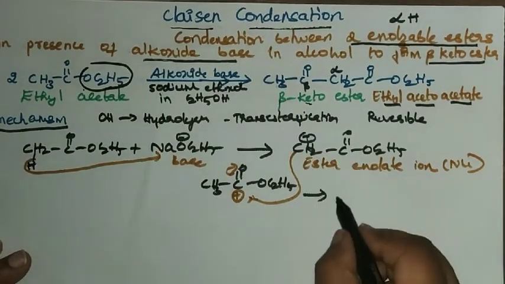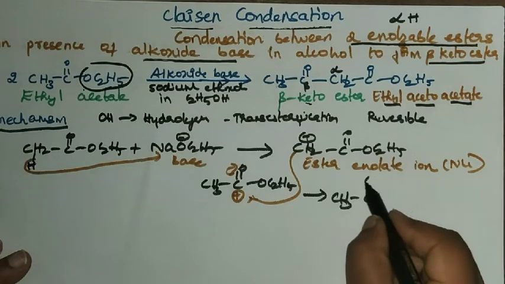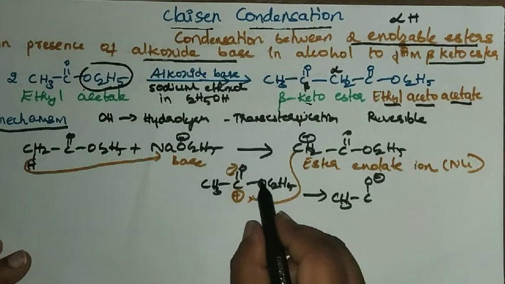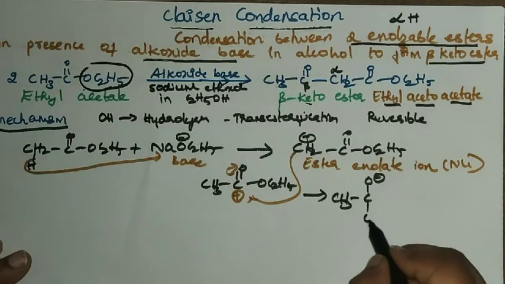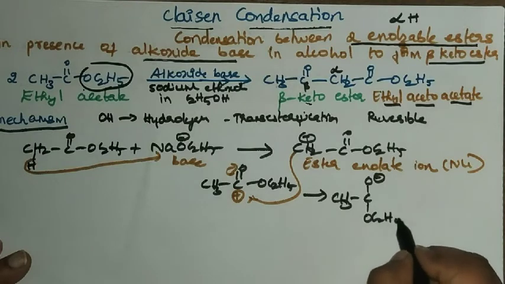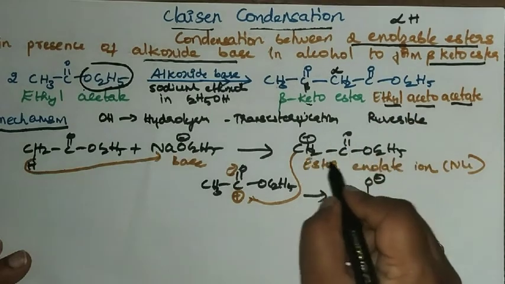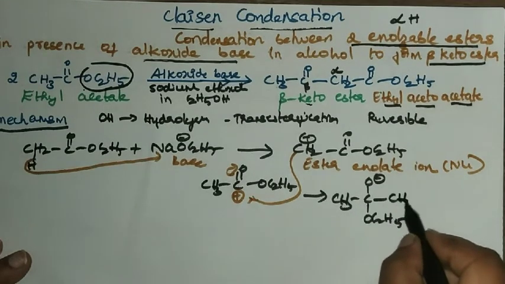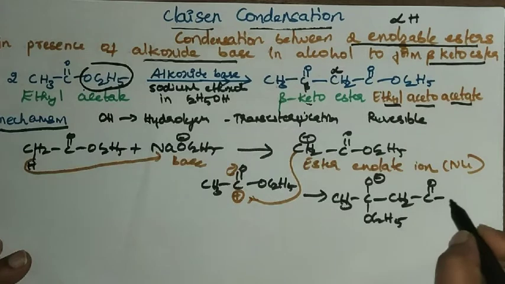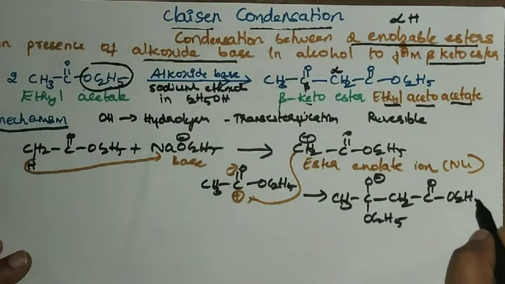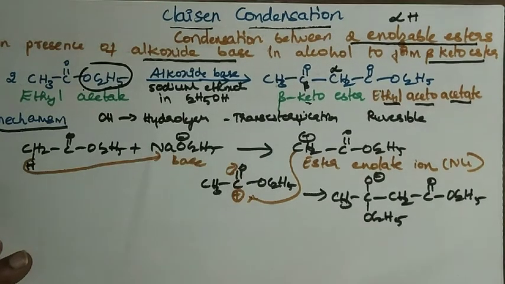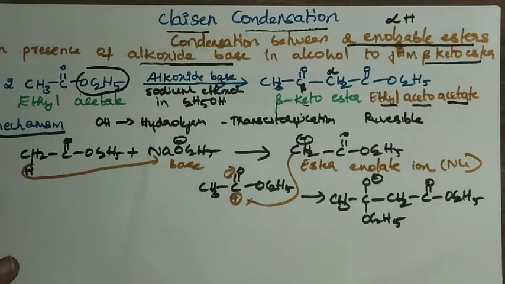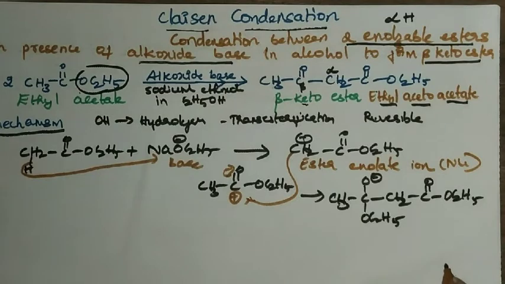See this CH3, oxygen is taking the electrons, and let's write this alkoxy group here, that is the ethoxide group, then attach this anion to the electron deficient carbon. So this is the alkoxide derivative obtained in the second step when the nucleophile attacks the electron deficient carbonyl compound.